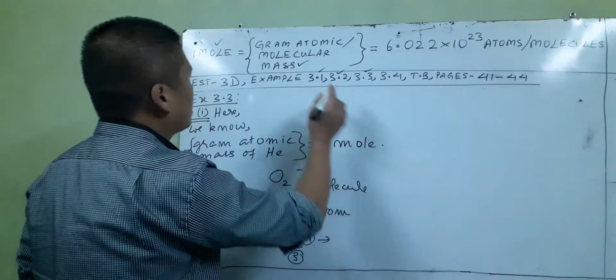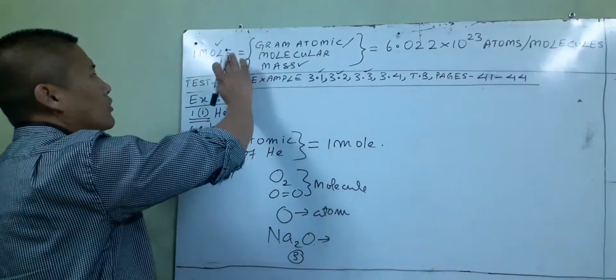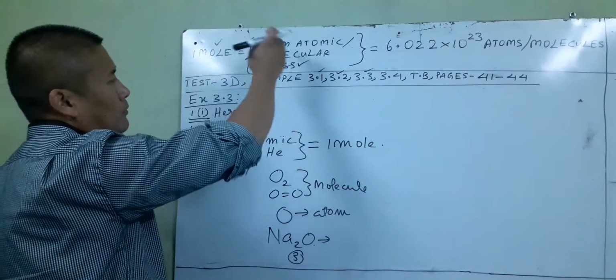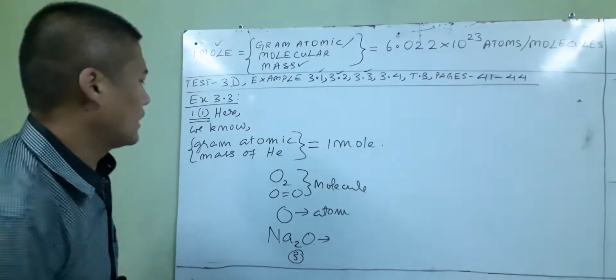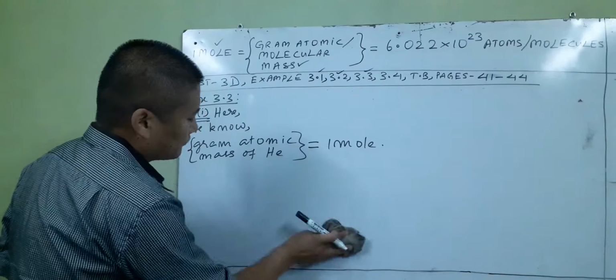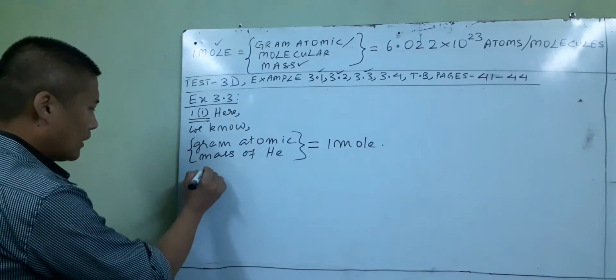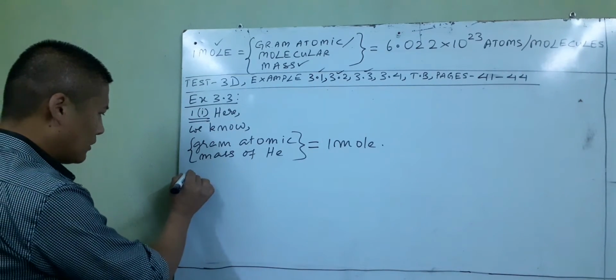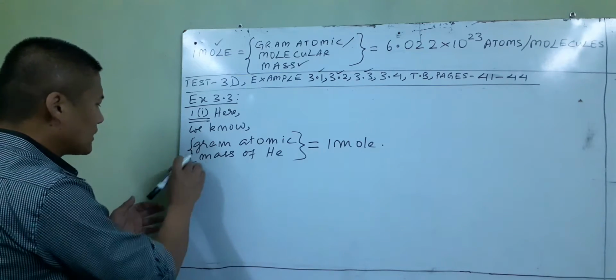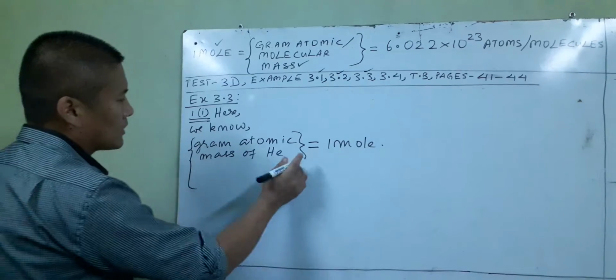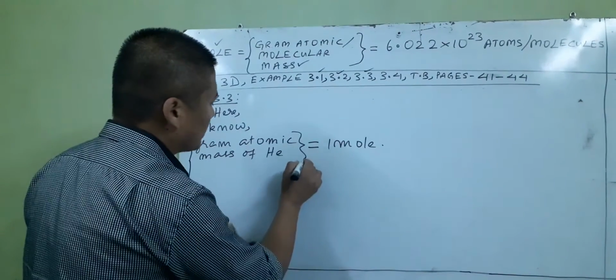As I said, we're using this mole and mass because the question told you to find the mole using mass. So we're going to use this gram mass to find the mole. That's what the question is saying. Now here, just follow this one. You can extend this bracket slightly, so you can calculate from here itself the gram atomic mass of helium.